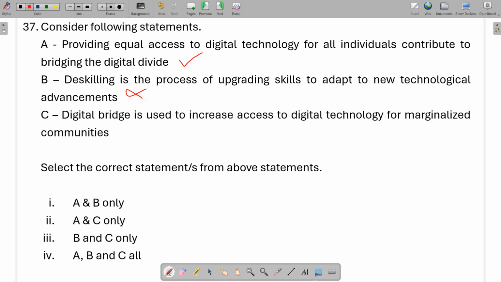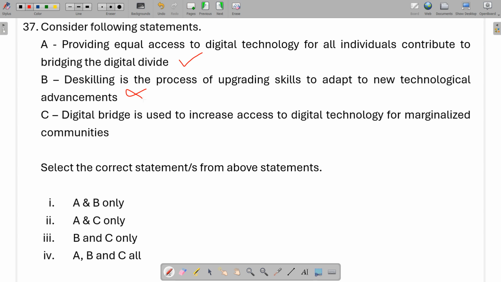Statement C says, digital bridge is used to increase access to the digital technology for marginalized communities. So it's somewhat true. If any particular community is being away, or being separated because they could not use the digital technologies, digital bridge is the one which can enable the technology to flow into marginalized communities.